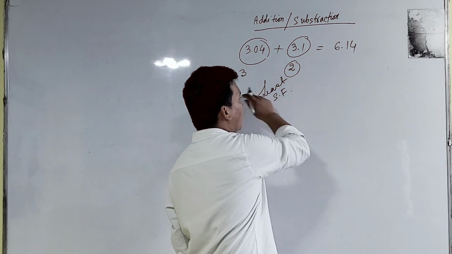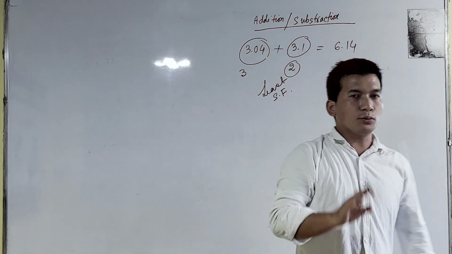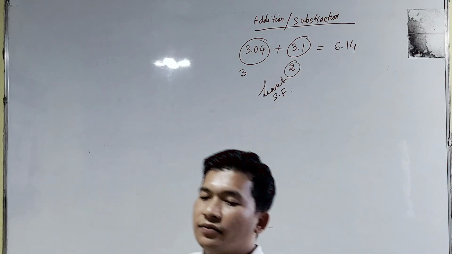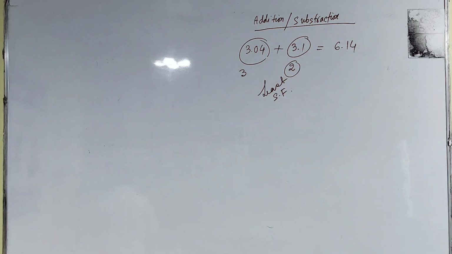If we compare the two numbers, the first step is that we find out the significant figures for the two numbers for which we are going to perform the mathematical operation, and see which one has the smallest or the least significant figure.